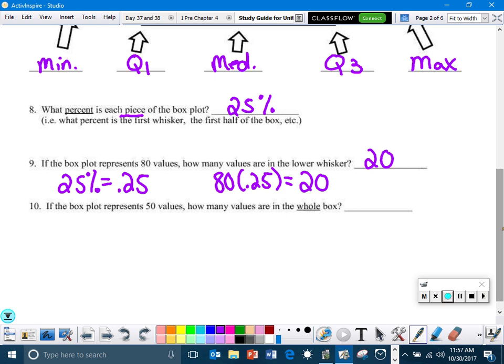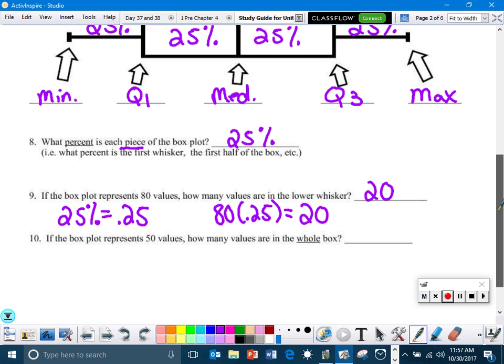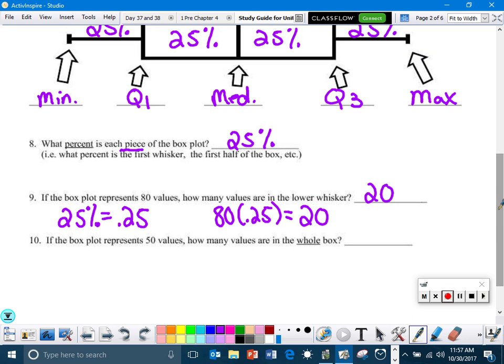If the box plot represents 50 values, how many values are in the whole box? Well, first of all, the whole box is 50% of the data. The decimal for 50% is 0.50. So, just like what we did on number 9, we're going to take 50 and multiply it by 0.50.